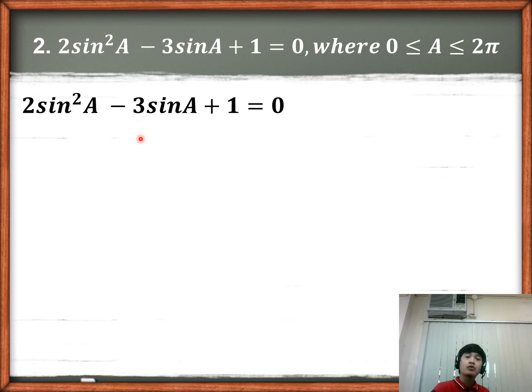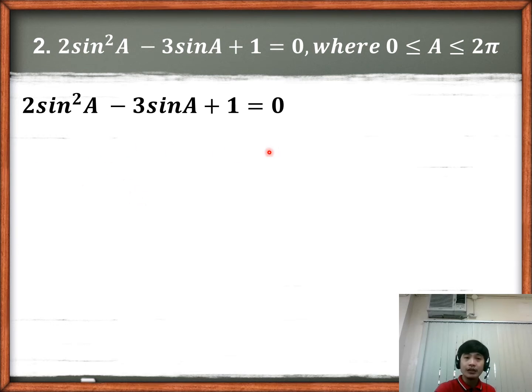Okay? So, isipin nyo lang, 2x squared minus 3x plus 1 equals 0. Parang ganun lang din siya. Ngayon, we all know that one particular way to solve the solutions of a quadratic equation is to use factoring method. Ngayon, i-apply natin dito.